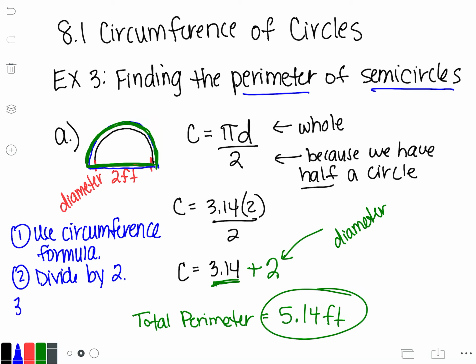And then your last step is to add the diameter at the very end so that you include that side length too. Now you have the perimeter all the way around your semicircle. I'll do another one with you. Pause the video now if you're not done copying these notes, because I have to clear my screen.